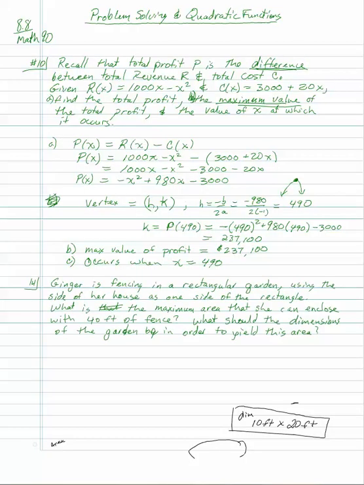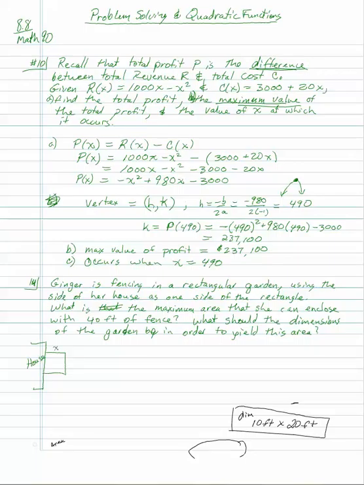So let's try number 14. Ginger is fencing in a rectangular garden, uses the side of her house as one side of the rectangle. What is the maximum area that she can enclose with 40 feet of fencing? So let's say this is her house right here, and we want to enclose a rectangular area for gardening.